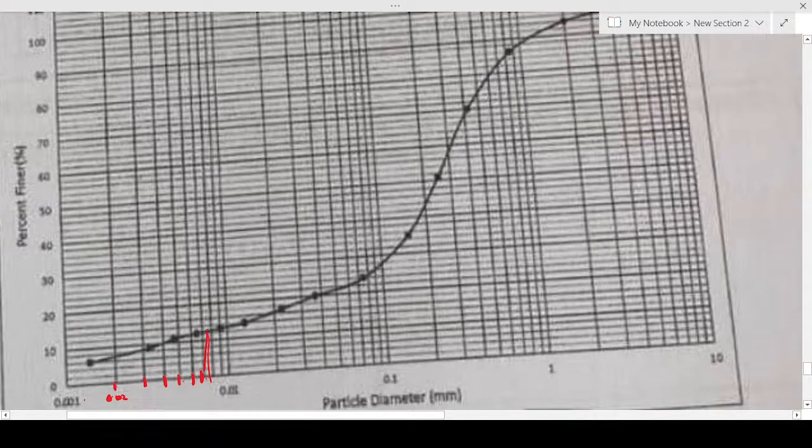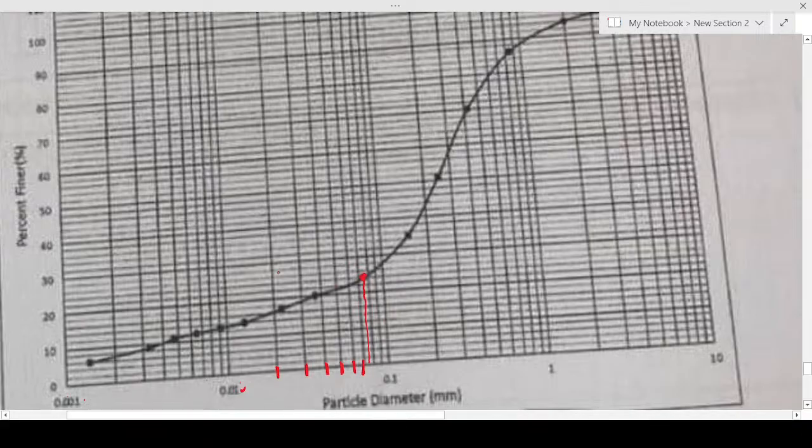You simply trace that to the curve. So you are getting something around 0.07. This is 0.01, 0.02, 0.03, 0.04, 0.05, 0.06, 0.07. So 0.075 is somewhere here. See how the logarithmic scale can be confusing, so you are supposed to study it very well.